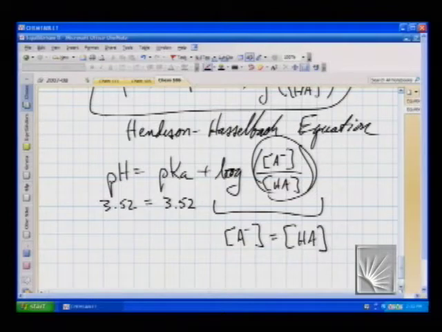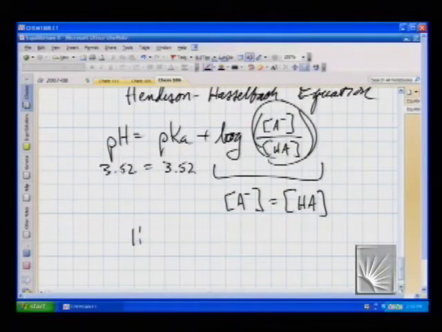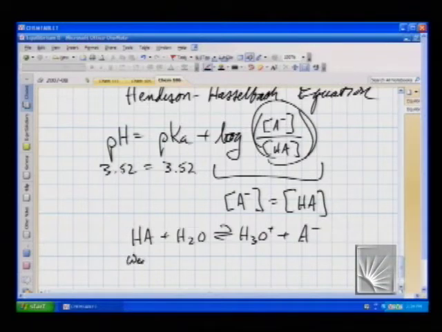What are A minus and HA? Go back to our original equation. This is a weak acid. This is its conjugate base. Think back to when we first did chemical reactions last semester.